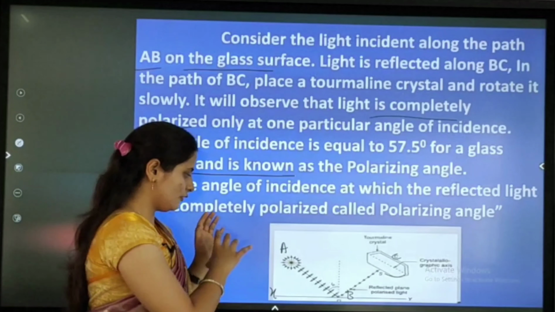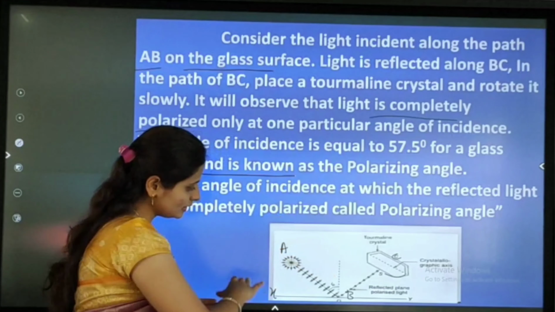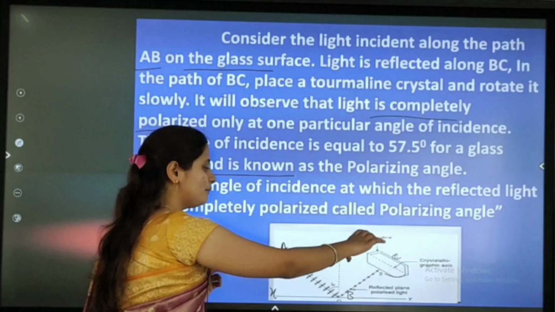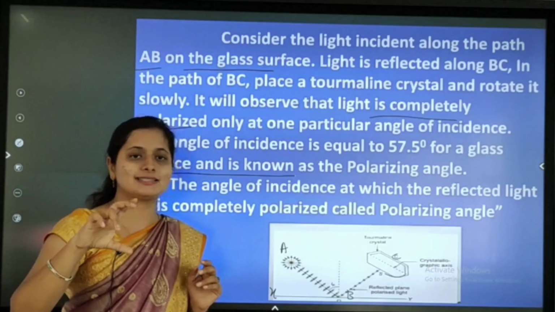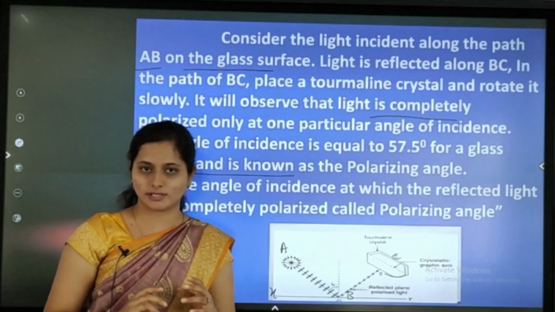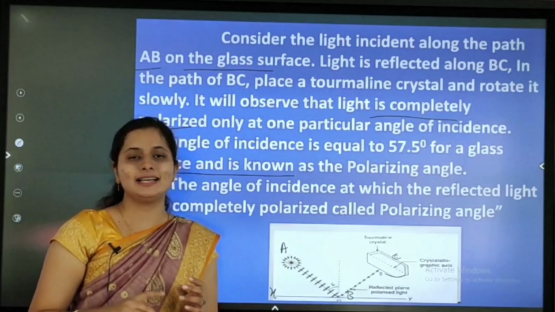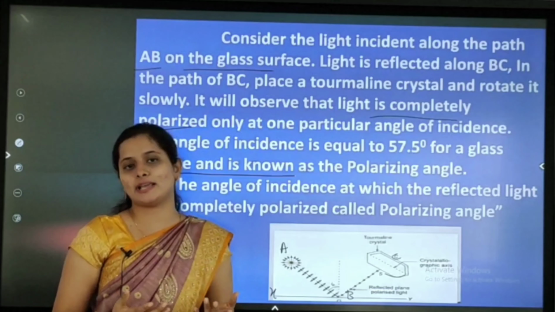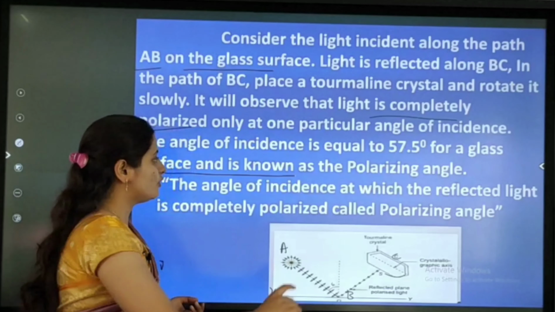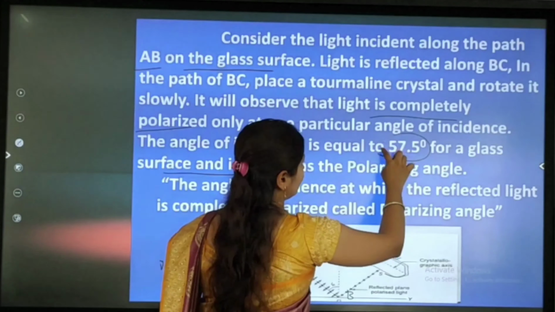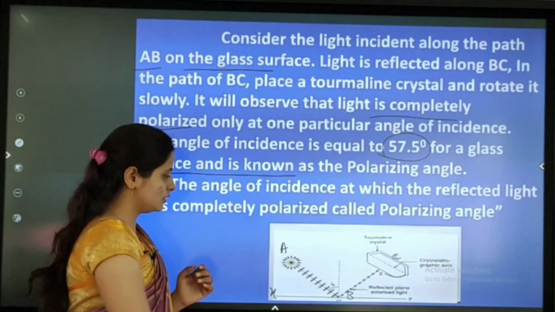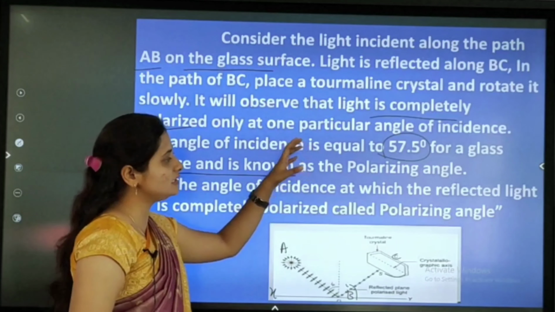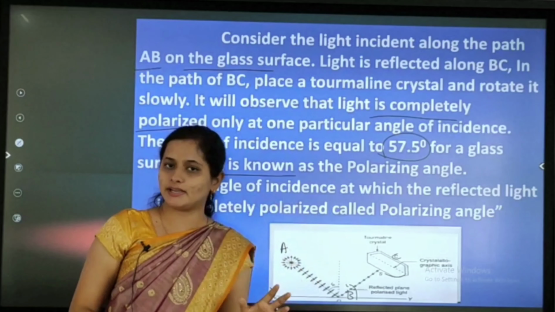Here we are incidenting a certain light on a glass surface and it is reflected. At that place we keep one tourmaline crystal and rotate it slowly. At a certain angle the light is completely polarized, and that angle is 57.5 degrees.